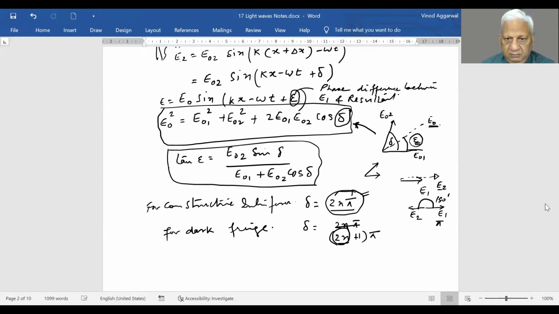But when you add pi to it, this will create a phase difference of pi between the two waves, which will cause destructive interference and give you a dark fringe.